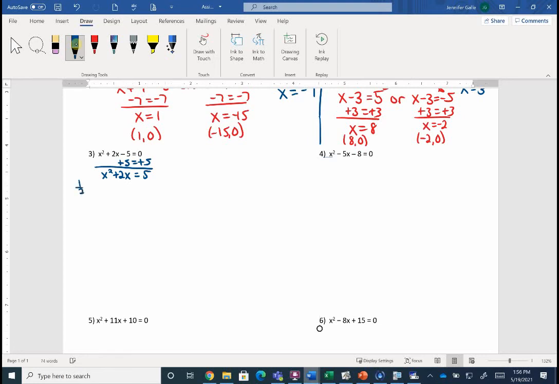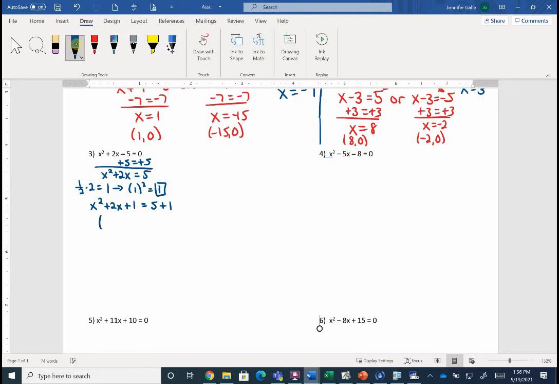Now I find half of my b value, which would be 1. I take the 1 and I square it. It still stays 1. To make my square, I'm going to add 1 to the left side, and then to keep things balanced, I'm going to add 1 to the right side.